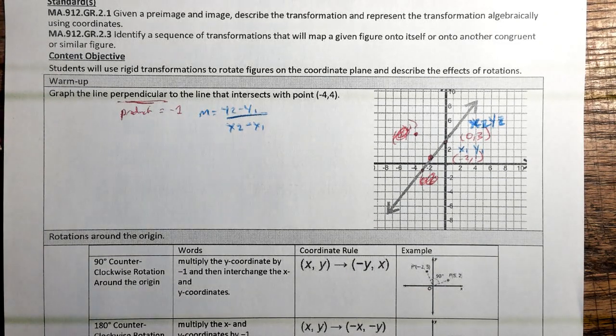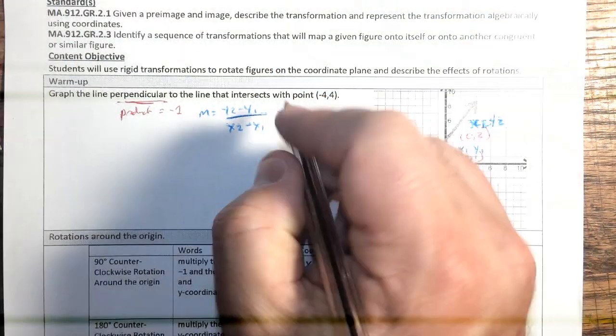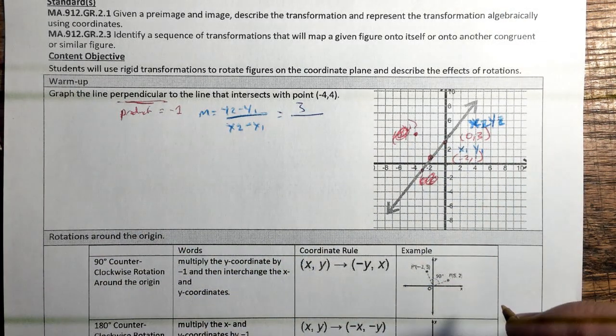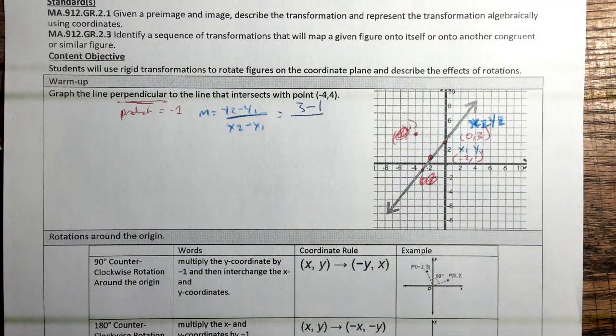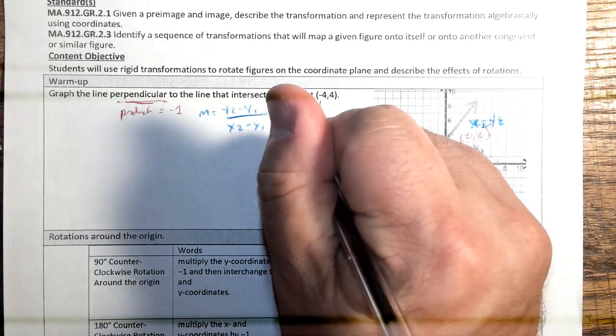So we plug in. Our y's are 3 minus 1, and our x's are 0 minus -2.